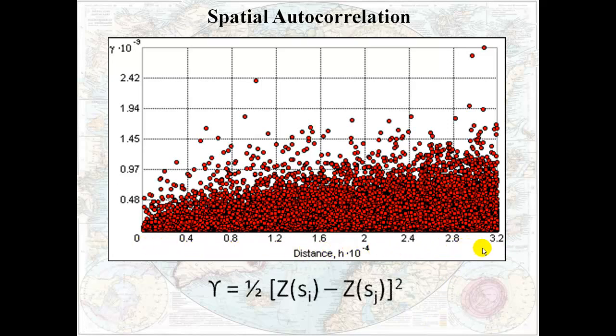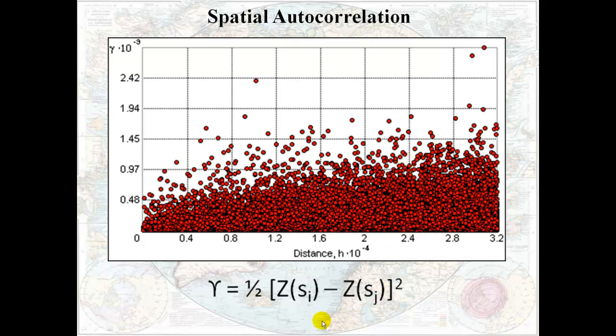And that's going to give you the semivariance. This will be the semivariance because it's divided by a half. So you take the value at one point and you subtract the value at another point. You square that difference. So negatives will square to positives and positives will square to positive. All these values will be positive. And you plot it based upon how far apart these 2 points are. And that's going to give you this thing, which is called the semivariogram.